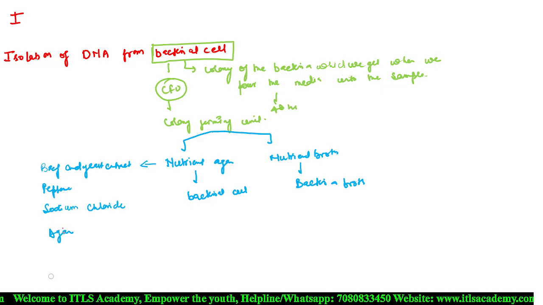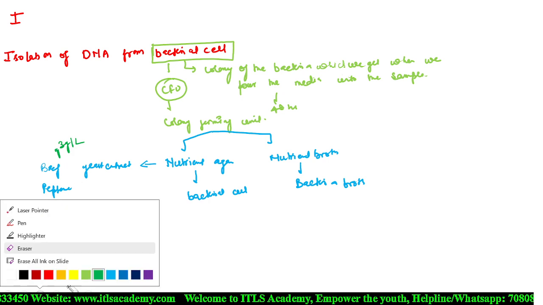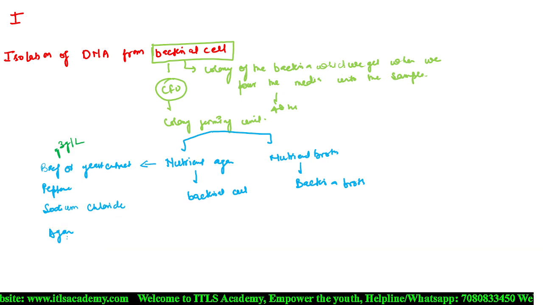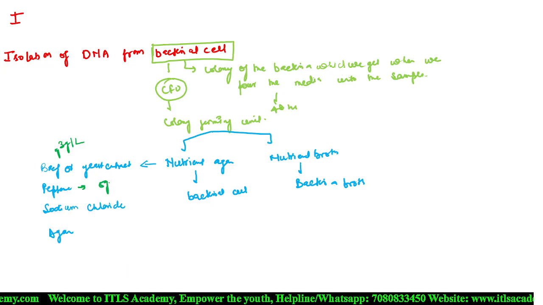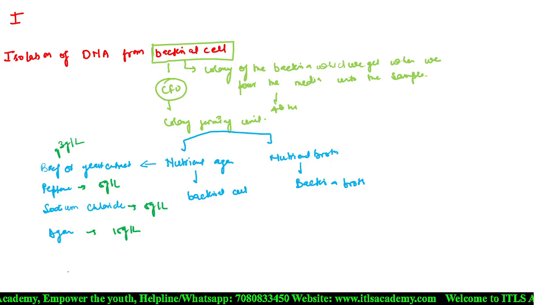The beef extract or yeast extract is required around 3 gram per liter, which means that if we have 1 liter of the solution, we require 3 gram of the beef extract, not and, but or, because you can use either beef extract or yeast extract. Then we require peptone around 5 gram per liter, sodium chloride 5 gram per liter, and agar 15 gram per liter.